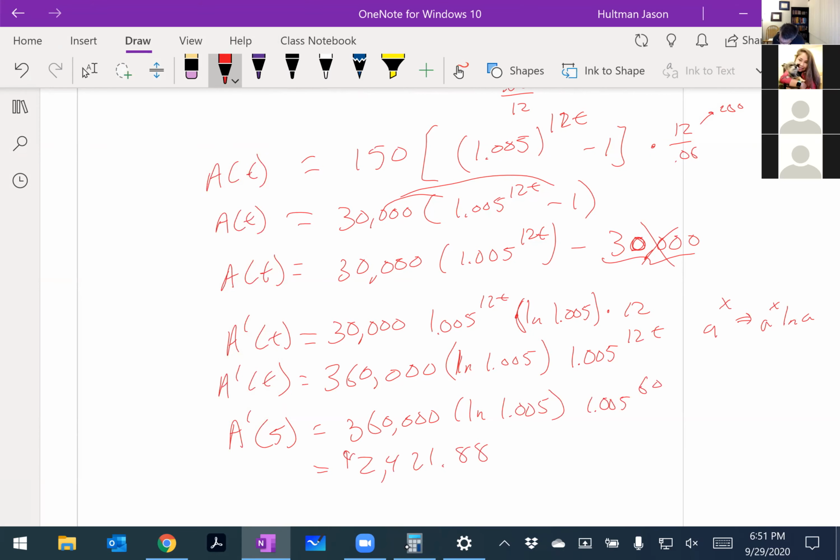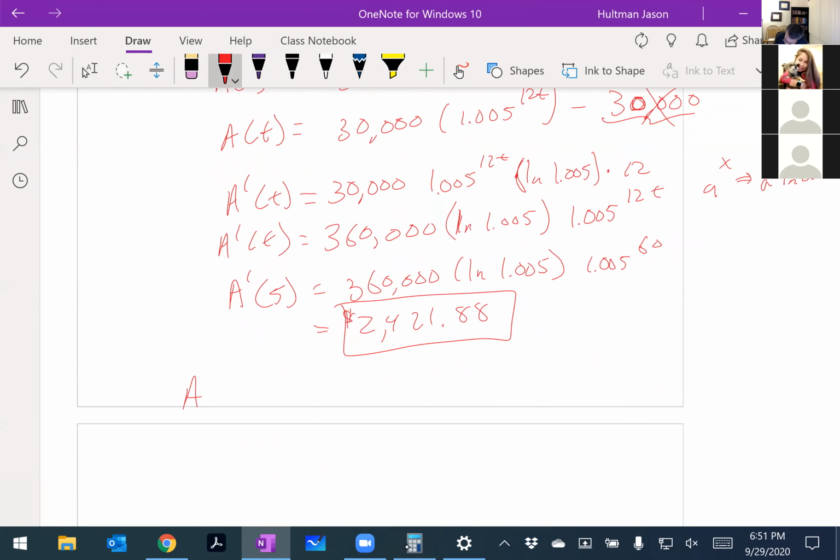And what does this mean? It's just some number, right? Let's write it out as a sentence.